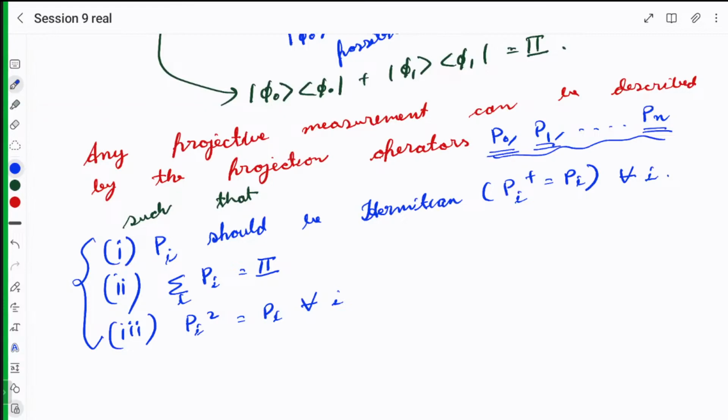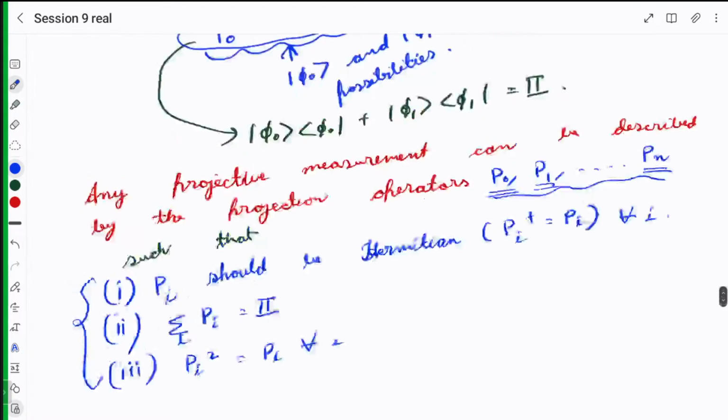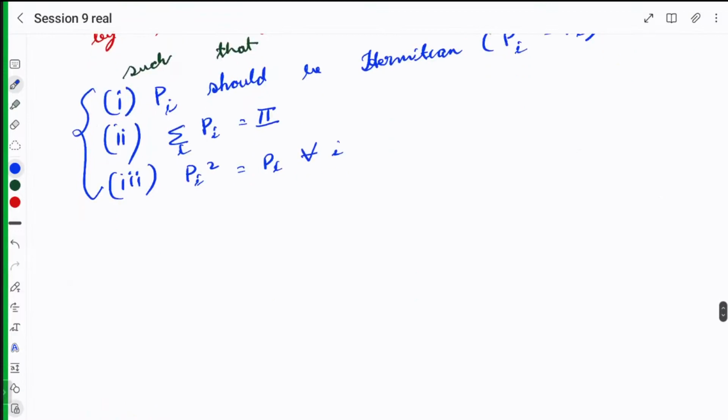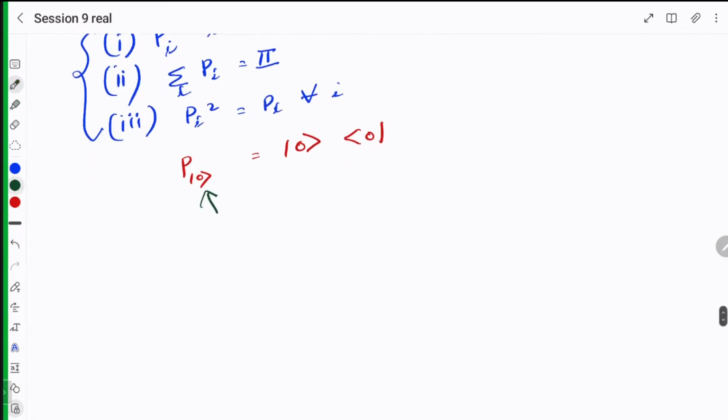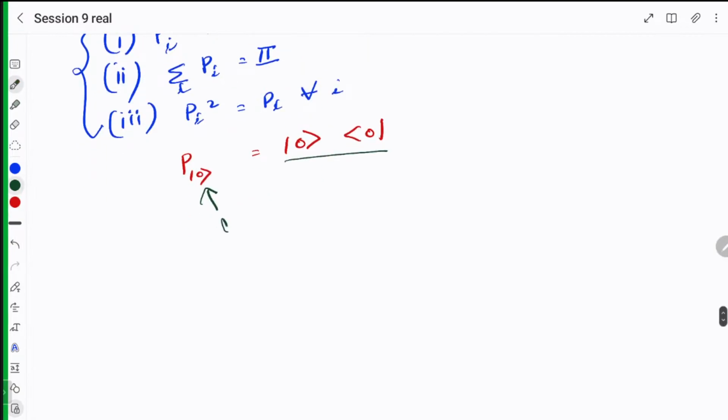Now, let's say I am writing the projector corresponding to ket 0, so that will be the outer product of ket 0 with bra 0. Is this projector, this operator, unitary? Can you check if it is unitary or not?